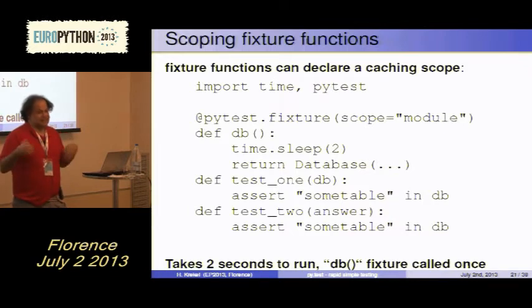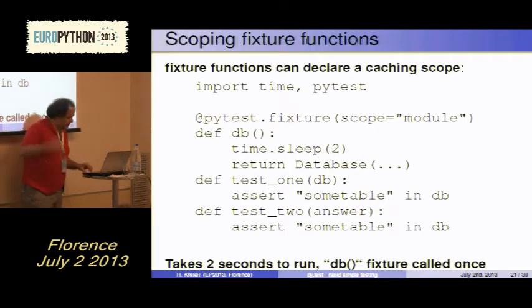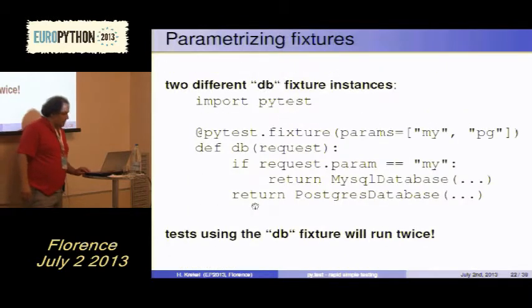If at some point you say, no, I actually want to have this on a session scope, then you have to change lots of code everywhere, because your caching is basically hard-coded into your source code. And that's something where PyTest tried to improve on this concept by focusing on doing everything with the fixture functions and letting the tests not have to know about this.